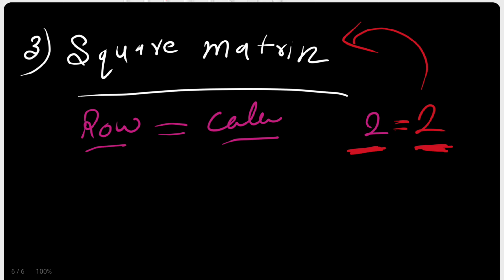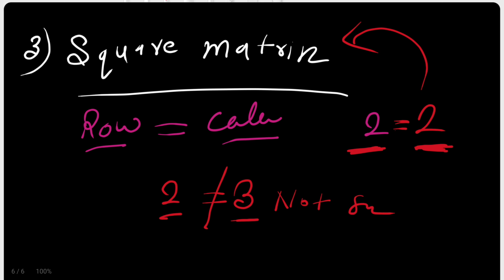Suppose the row is 2 and the column is 3, then both are not equal. Rows and columns are not equal, so we can say this is not a square matrix. The requirement of a square matrix is that the number of rows and the number of columns is to be equal.